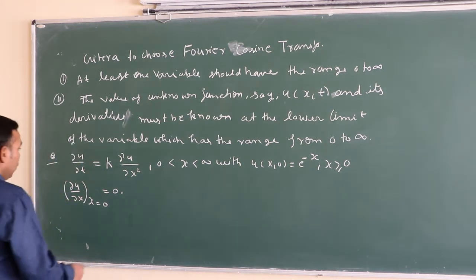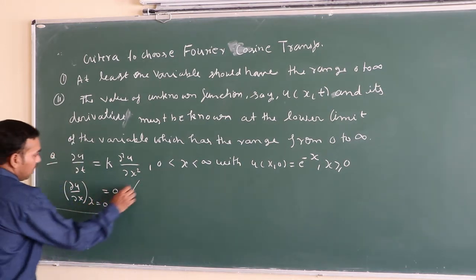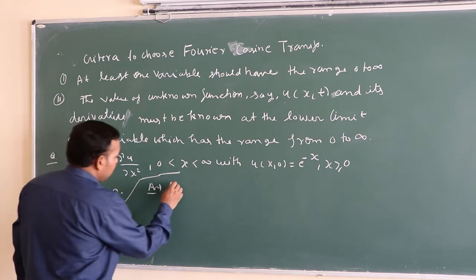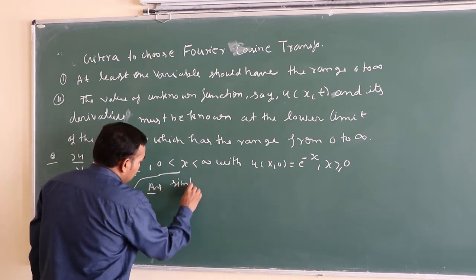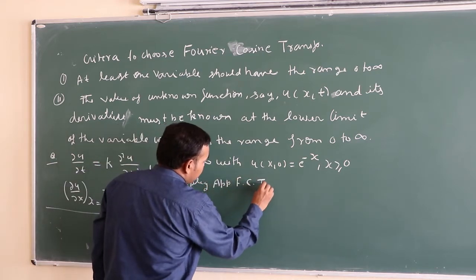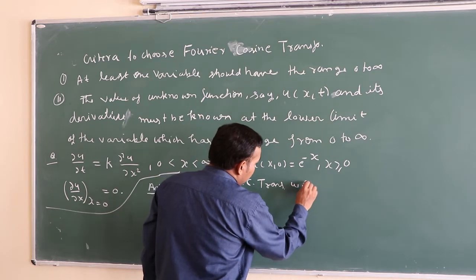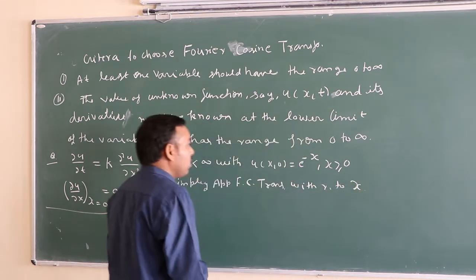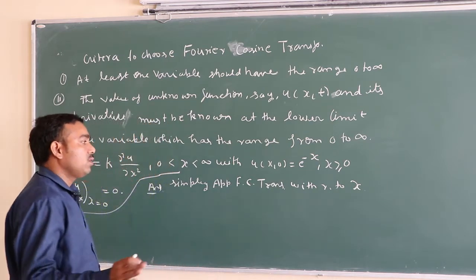So finally, for finding this solution, we simply apply the Fourier cosine transform with respect to x, because here x ranges from 0 to infinity.